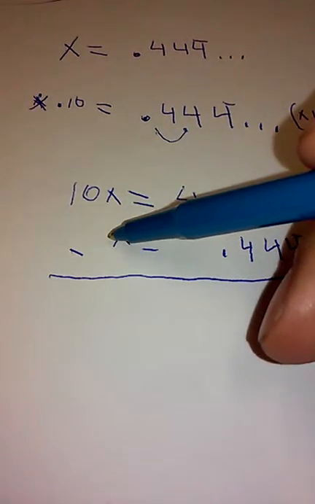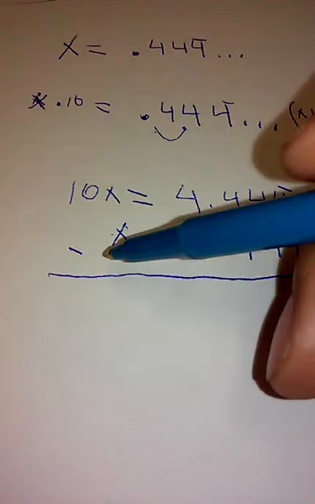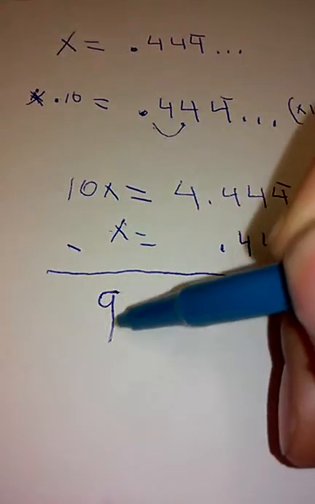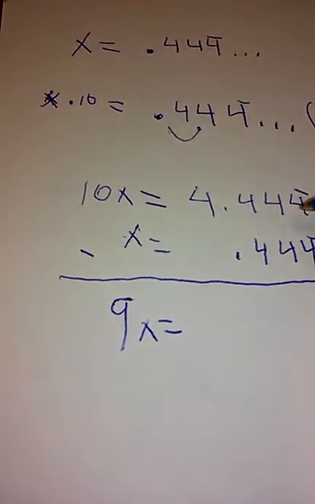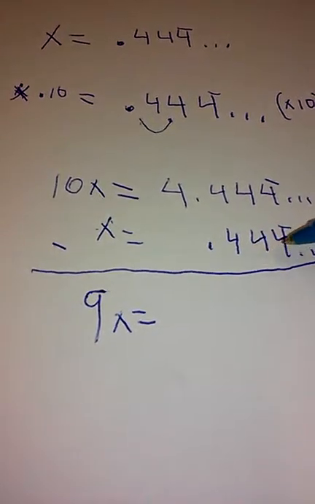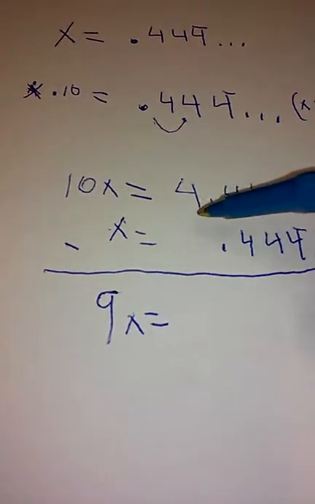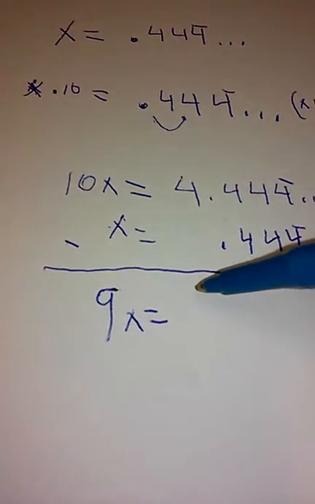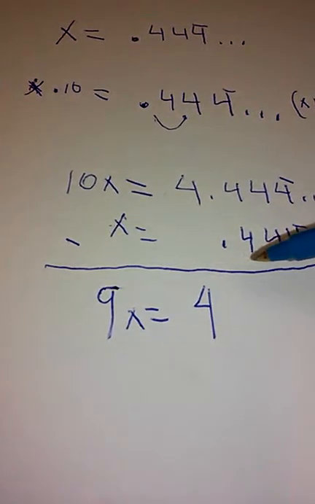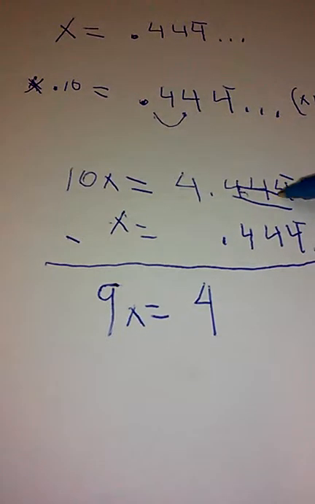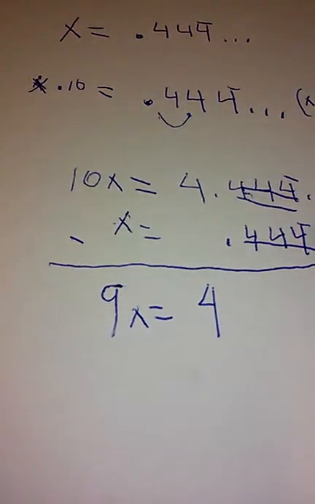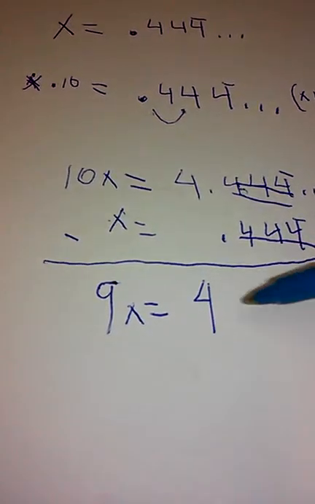So 10x minus 1x, or 10x minus x, is 9x, is equal to, well, 4.444 minus 0.444 is 4. Because the repeating part cancels out. 444 minus 444 is 0.